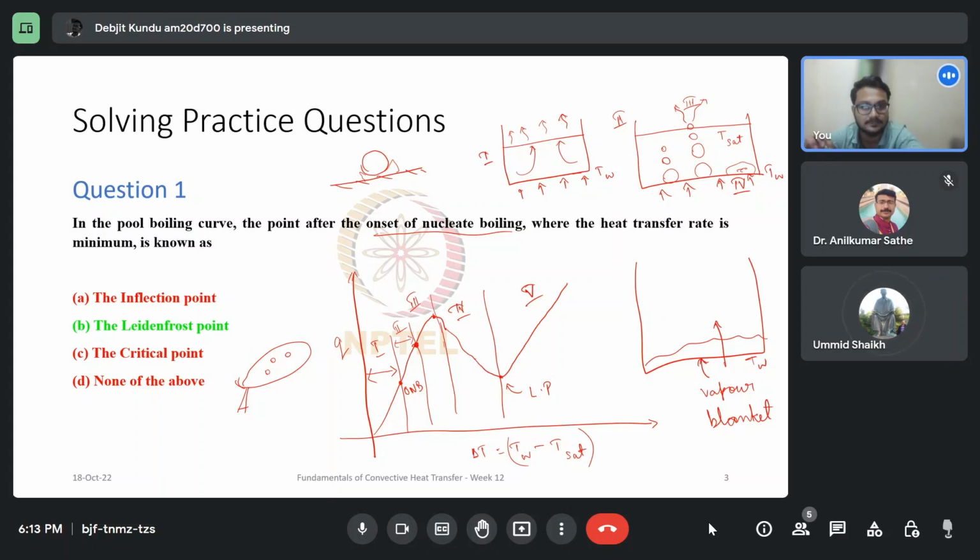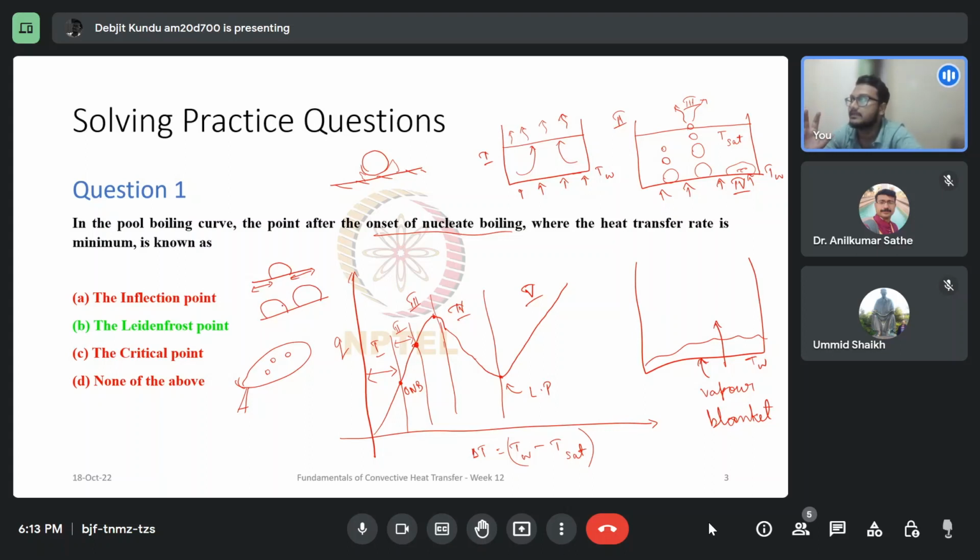Makes sense? Okay, sir. So let's say we take two different situations. At a lower temperature, let's say there is only one single bubble forming, and this much area is available. What happens later on is that two bubbles form, and I'm saying they're vapor bubbles.